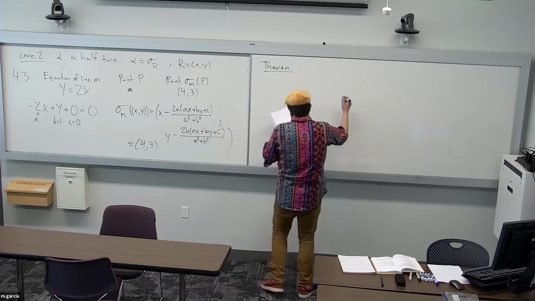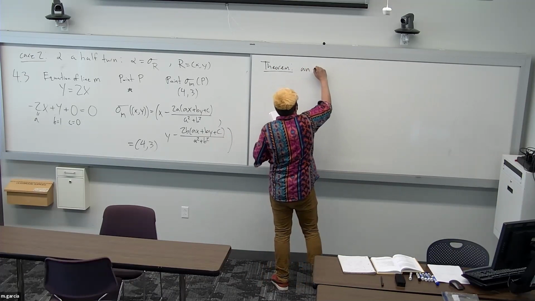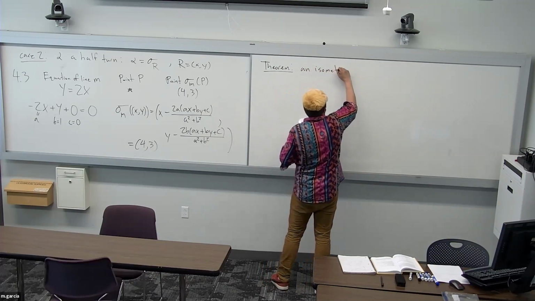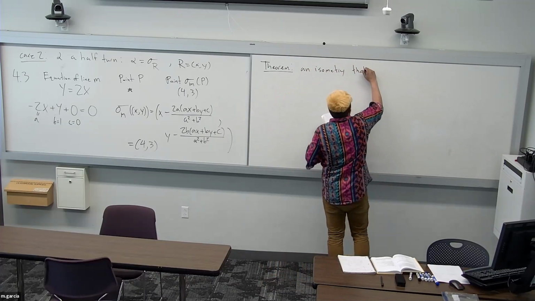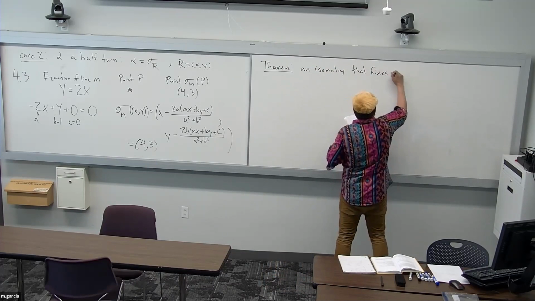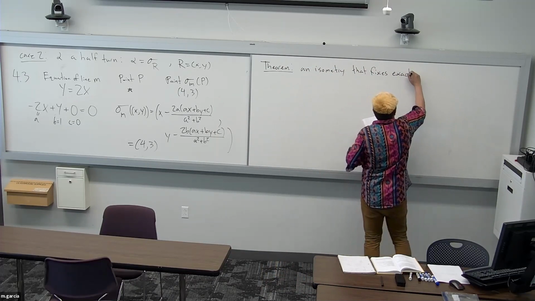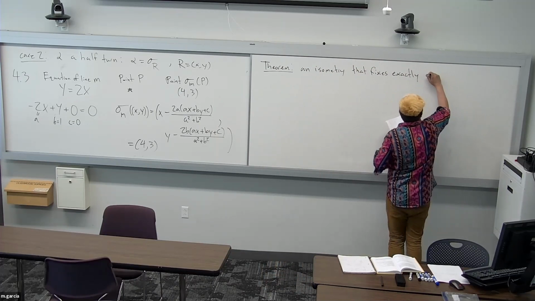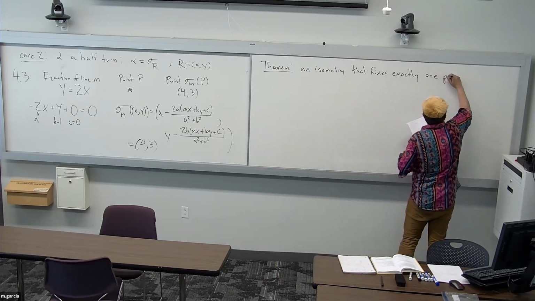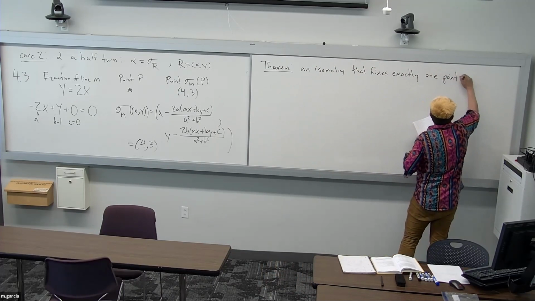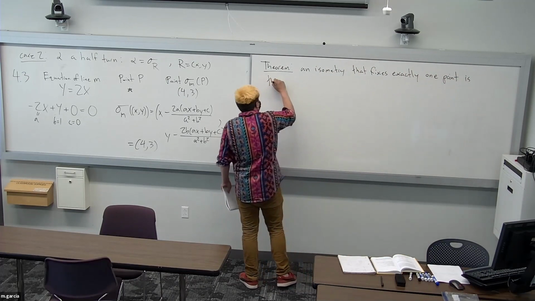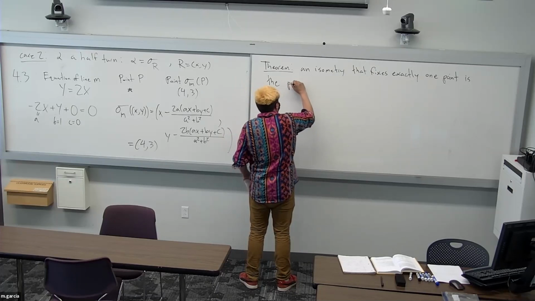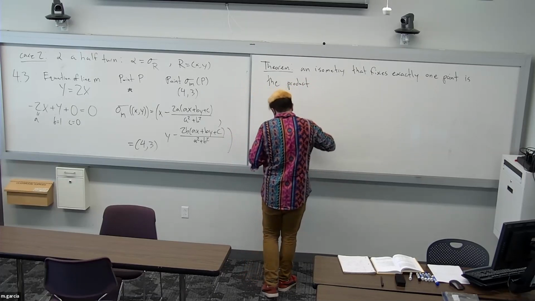An isometry that fixes exactly one point is the product of two reflections.